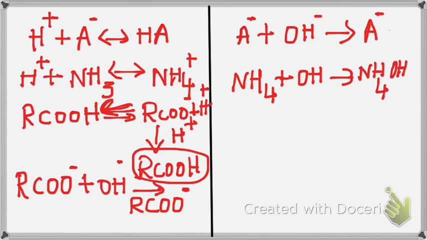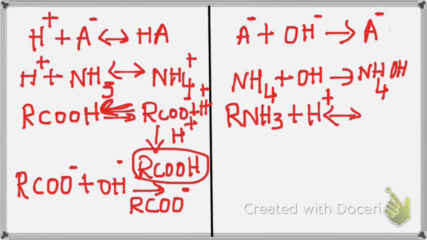It's vice versa in the case of weakly basic drugs. Consider a weakly basic drug when it enters into the acidic medium. It ionizes. So weakly basic drugs pick up the proton which is present in the acidic medium and further ionize.